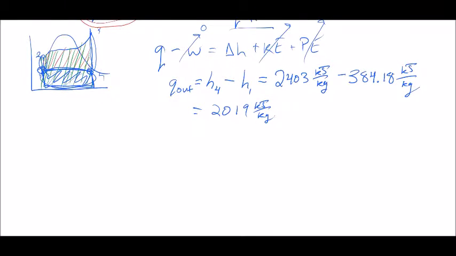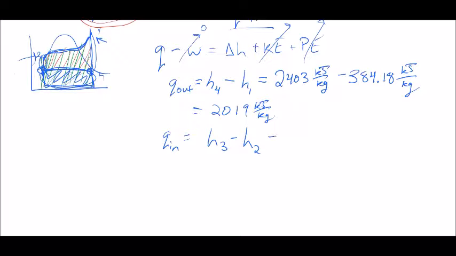Now we want to find Q in, which is positive, so we do not have to flip anything around. That's also going to be delta H because, again, there's no work happening on this curve. So Q in is going to equal H3 minus H2. Sorry to confuse. It's the enthalpy at point 3 minus the enthalpy at point 2.